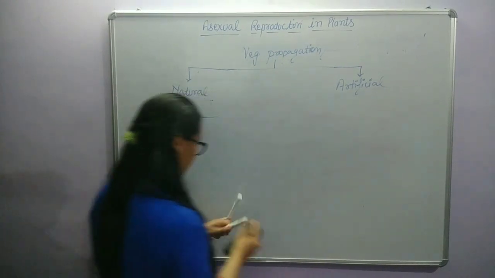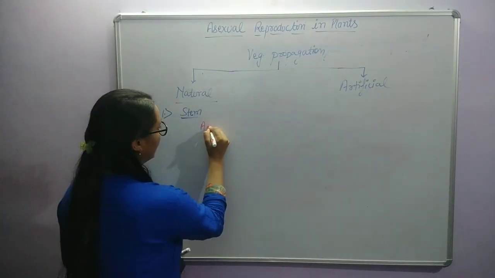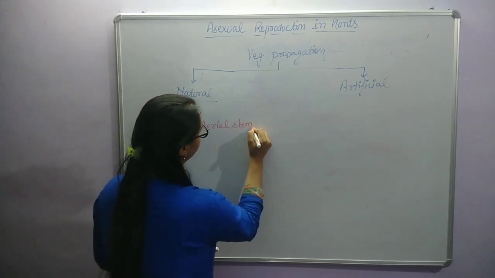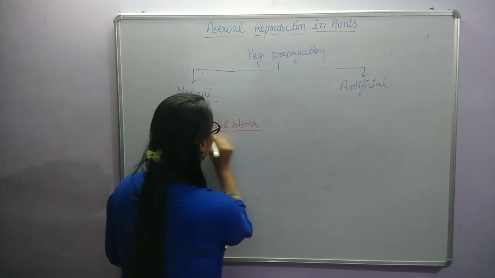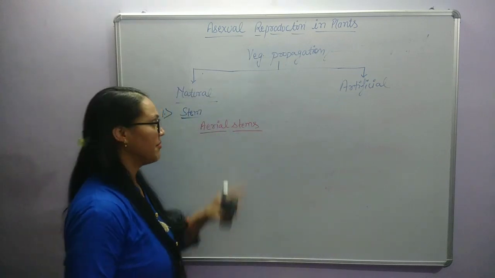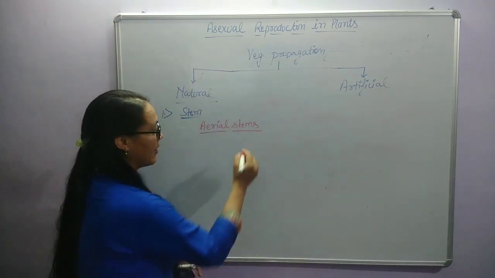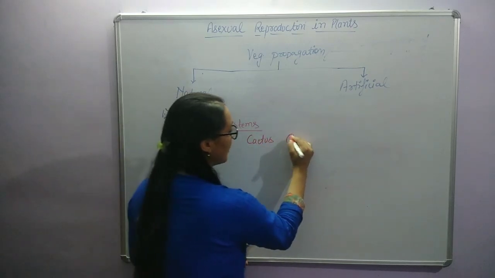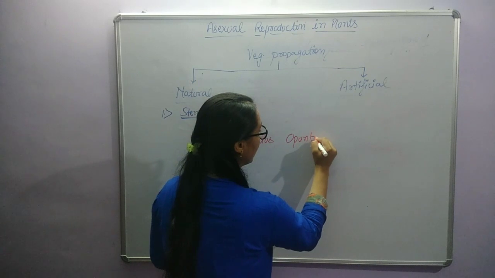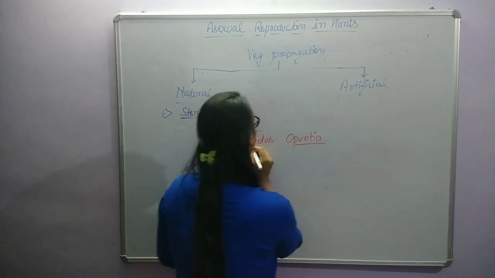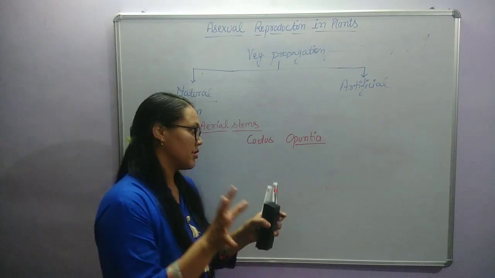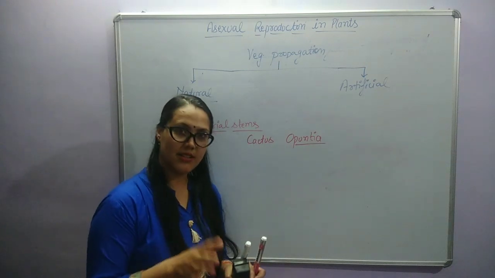The next category is of aerial stems. In the case of aerial stem, we will study the example of cactus. Its scientific name is Opuntia. You know, in Opuntia, its leaf-like structures are actually modified stems.